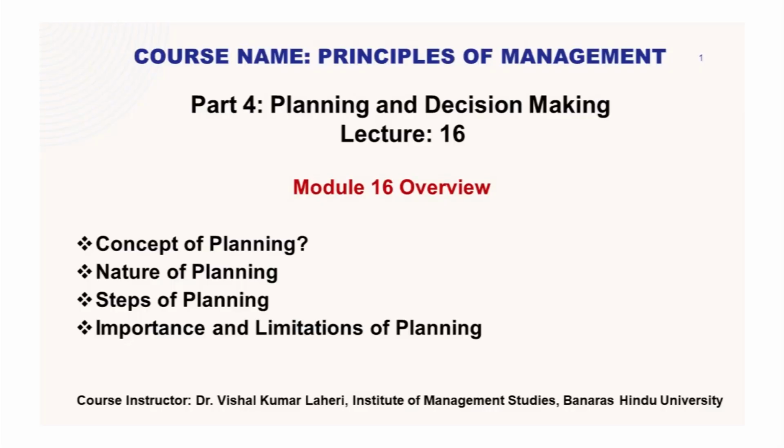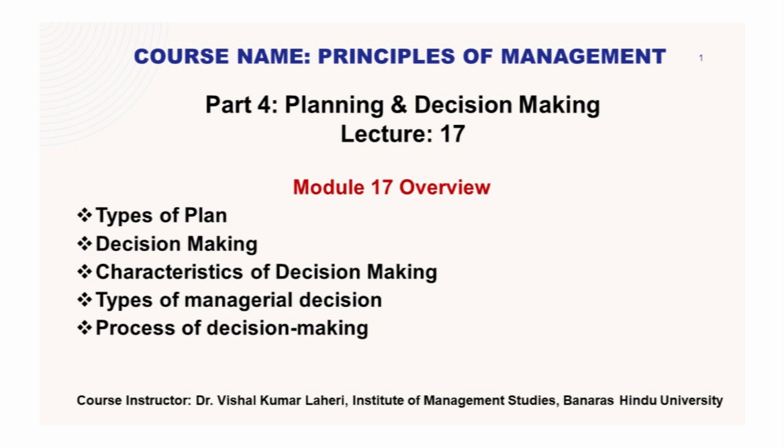Okay, so these are some of the techniques, and that's it for part 4. Now we'll review the things we have studied so far in part 4. Starting with module 16, we tried to explain the nature and concept of planning. In module 17, we got an idea about decision making and its process.